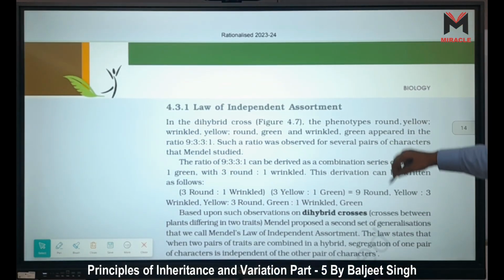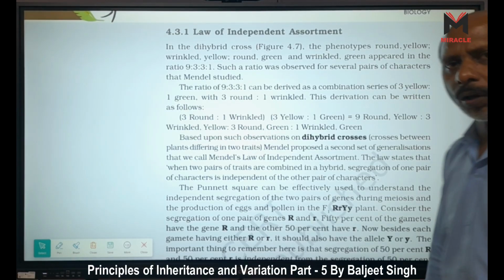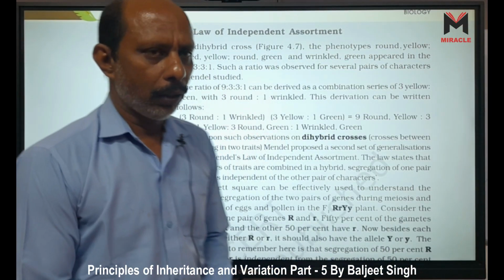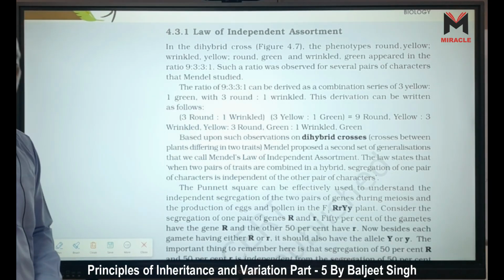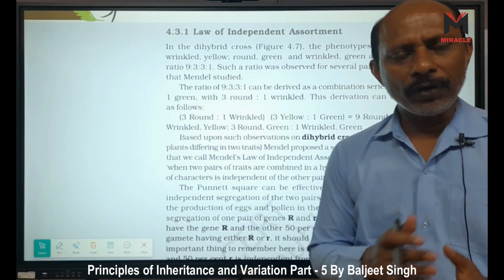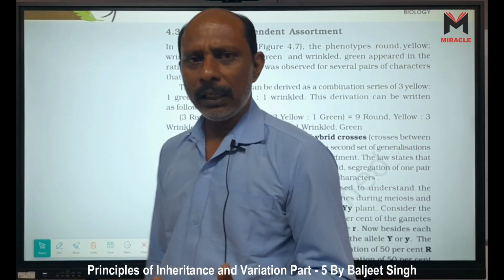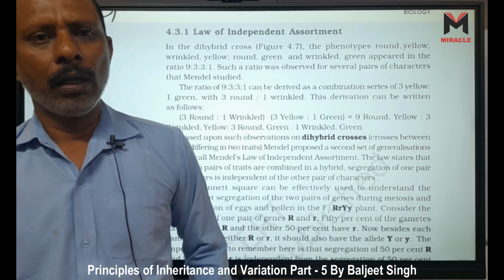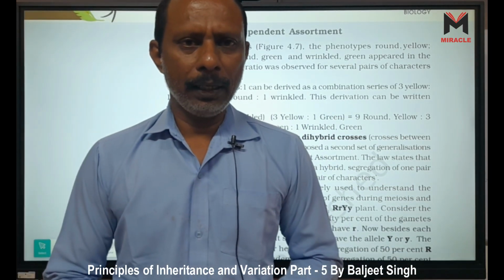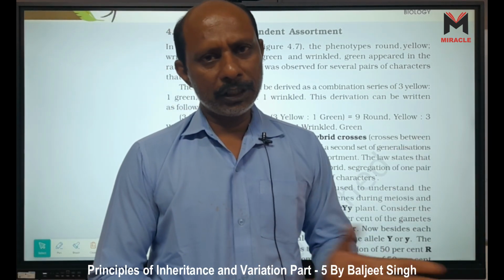Now come how this dihybrid cross explains the law of independent assortment. Independent assortment means they move freely anywhere. Look, sometimes this green color moves to the round shape seed, right? And sometimes it moves toward the wrinkled shape.